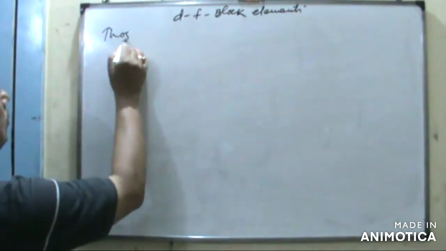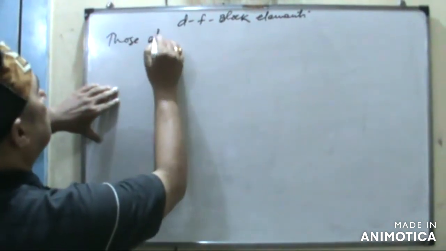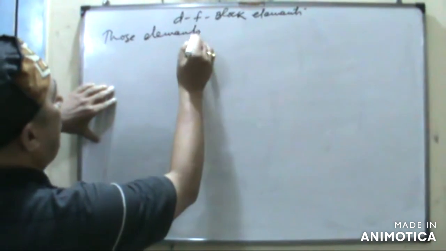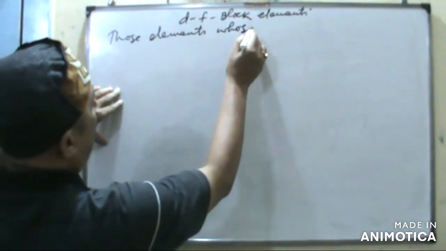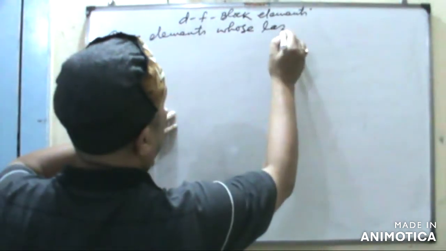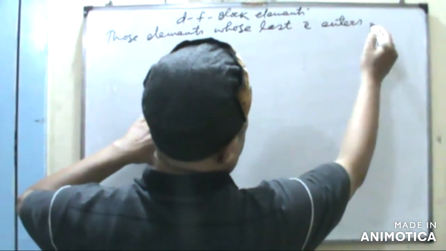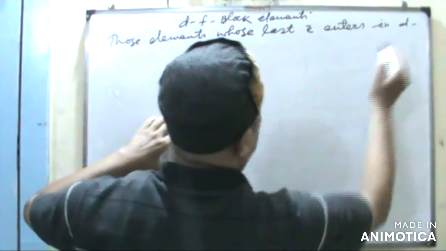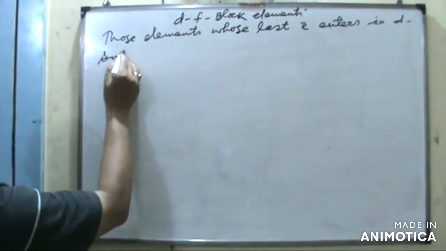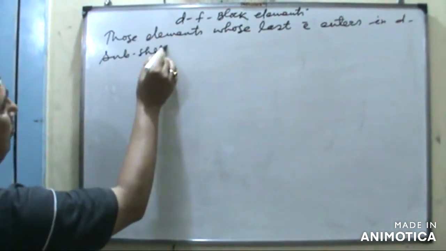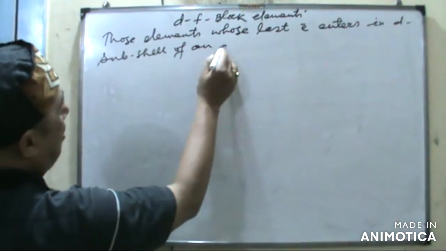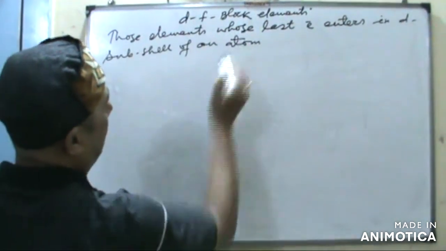So write down those elements whose last electron enters in D subshell of an atom.